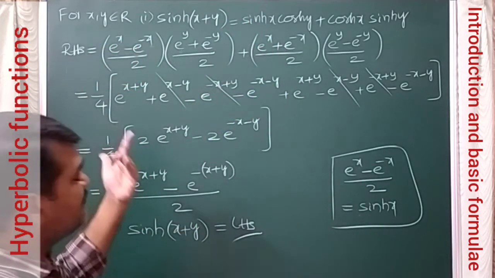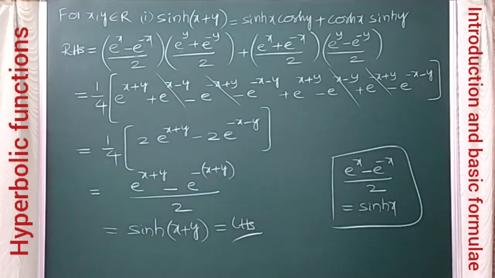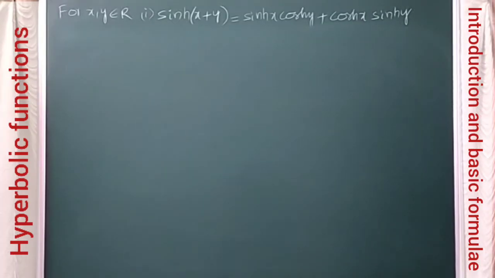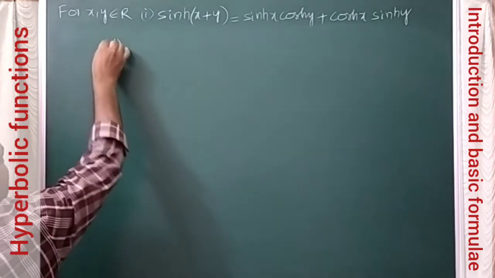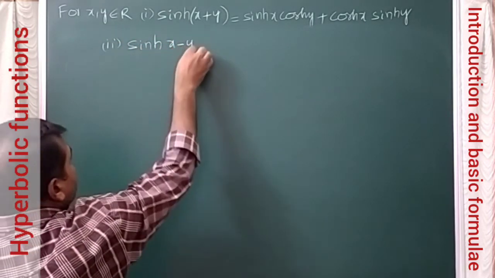So similar to this one, I will write some more formulas. The proof part of this formula is completed. So similarly, let us write some more formulas now. Now similar to this one, we have some more formulas like sinh of x minus y.